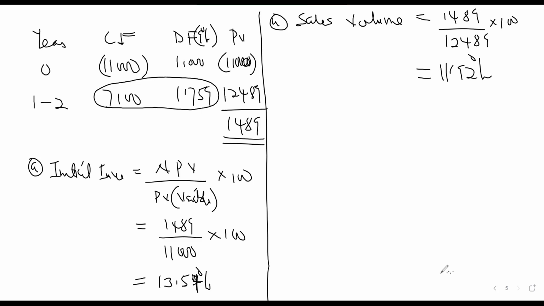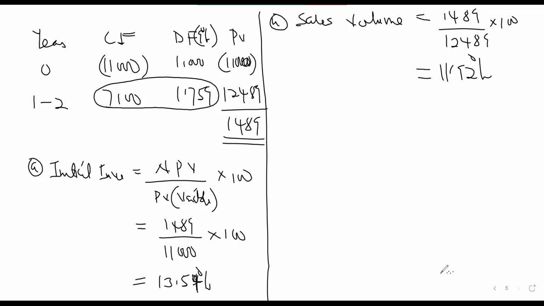But if the reduction is above 11.92, the project will run into a loss.